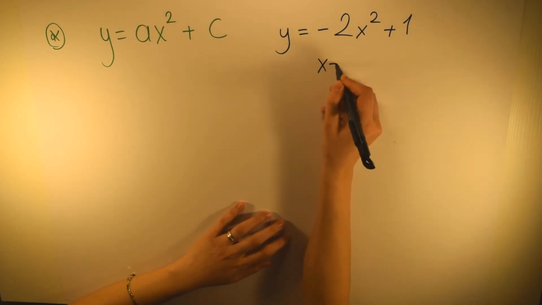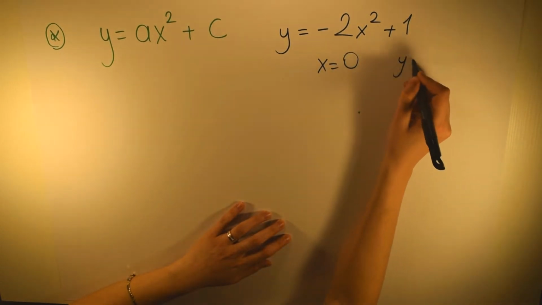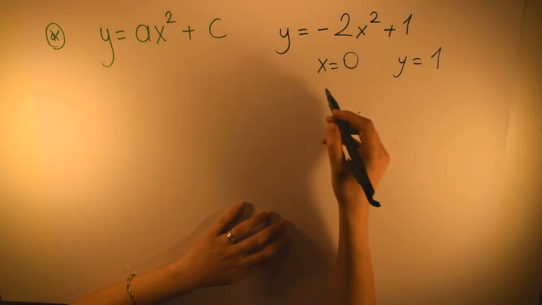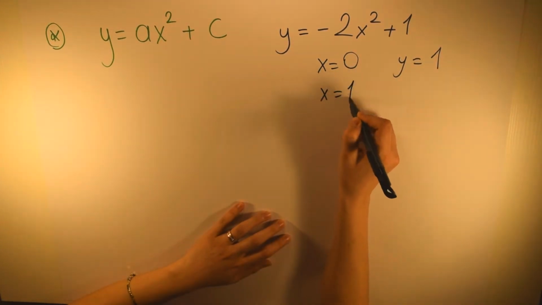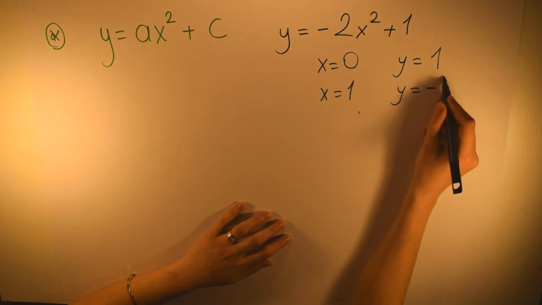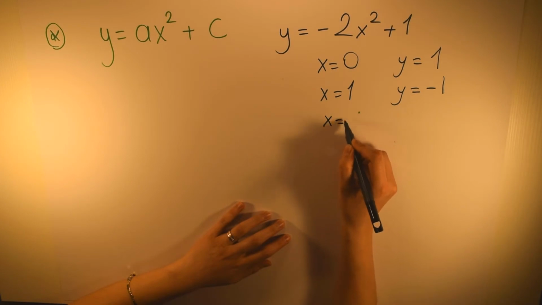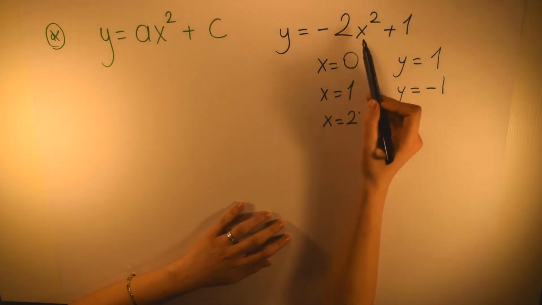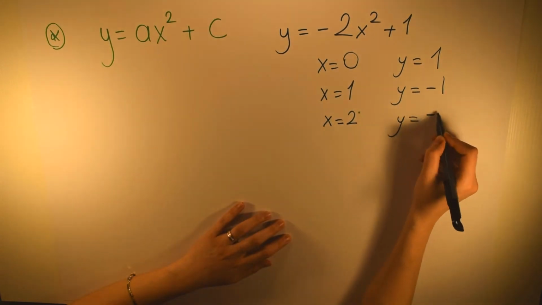When x is equal to 0, y is equal to 1, right? And it's 1. When x is equal to 1, y is equal to minus 2 plus 1, which is minus 1.